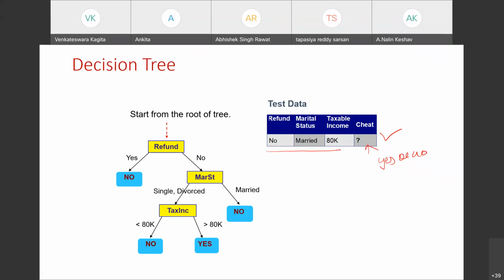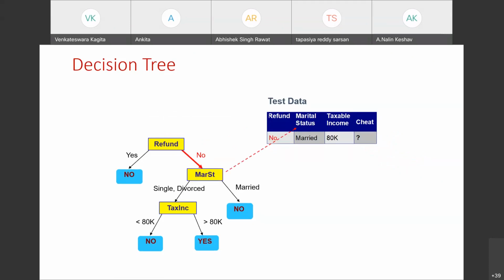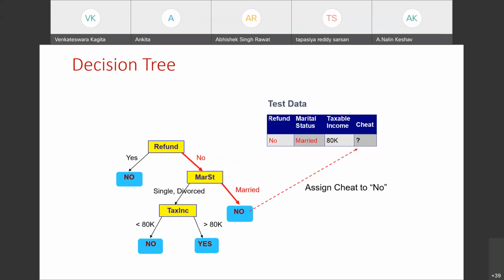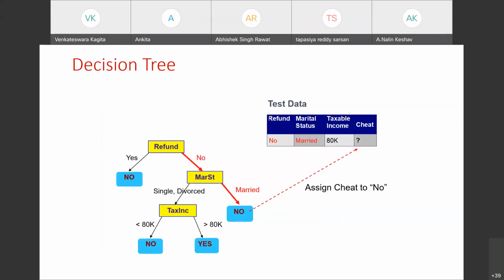The root attribute checks the refund attribute. Refund is no for this test instance, so you follow this path. The next internal node checks the marital status, whether he is married or not. If he is married, you follow this path, and it finally assigns cheat to no. He will not cheat.